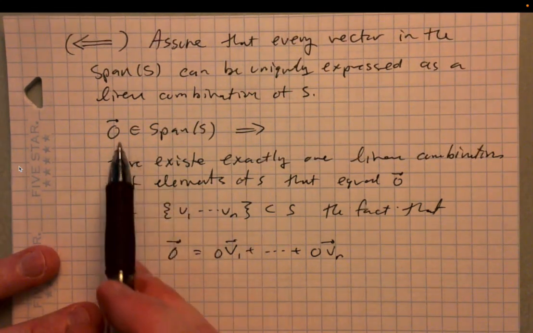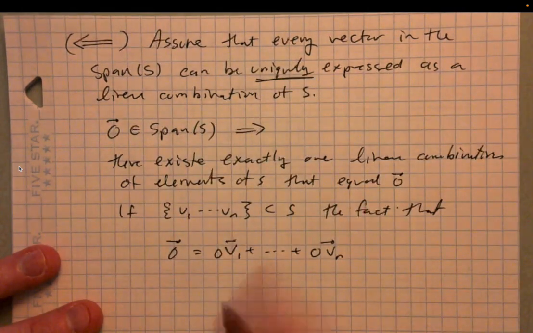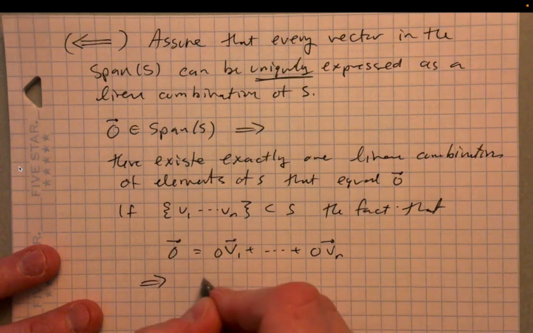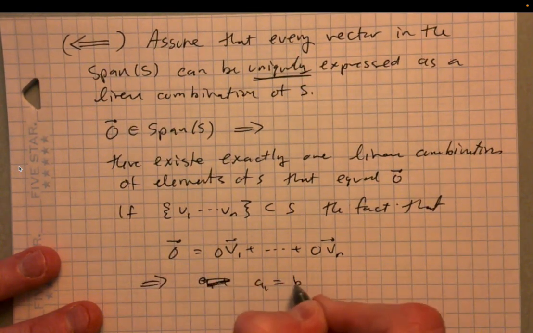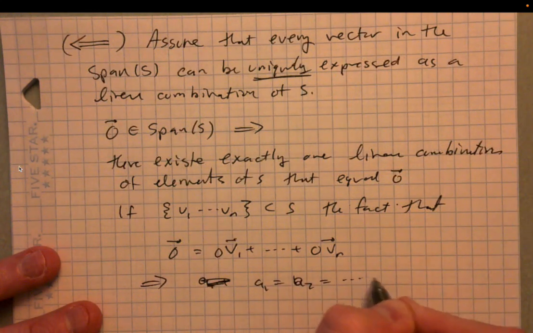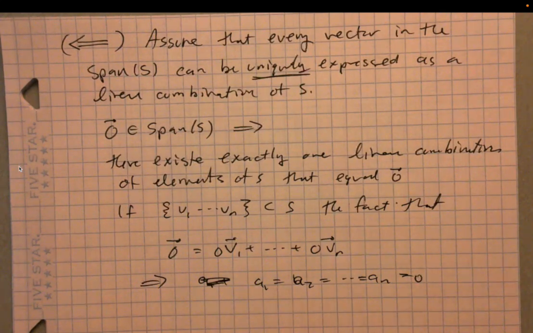So this is one way to write it, and in fact it must be the unique way to write it, right? And so this is going to imply that a1 is equal to a2, which is equal to dot dot dot an, which is equal to 0, right? And this was the condition, right?